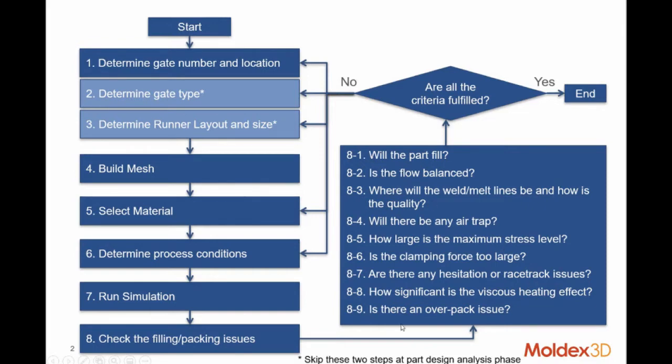All right, so we're going to go through each of these 9 questions systematically, and these are the 9 questions that you should always answer, or at least discuss or analyze when you're looking at the results of a simulation. But I always recommend to go through the flow and pack analysis and the cooling analysis before looking at your warpage results.